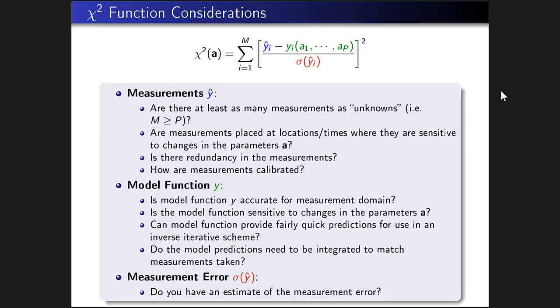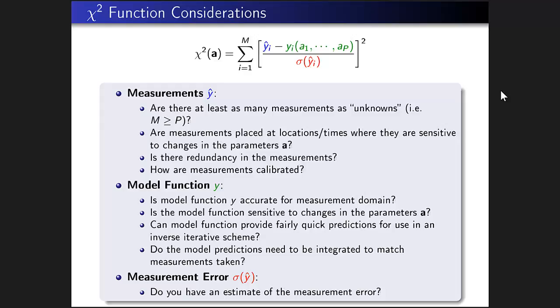You'd also like the model function to be able to provide a prediction at a given A vector fairly quickly, because a lot of times these optimization methods are iterative in nature, and so as you're trying to search for the optimal solution, you want to be able to produce a prediction at varying A values pretty quickly.